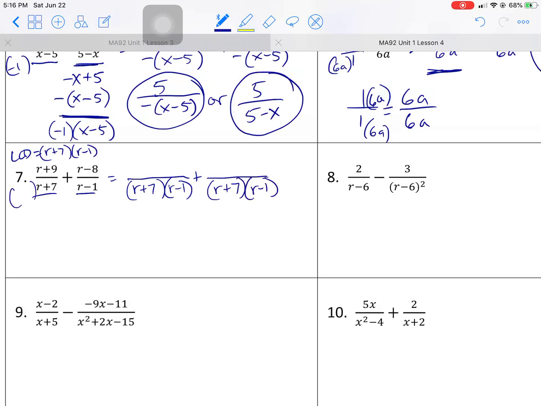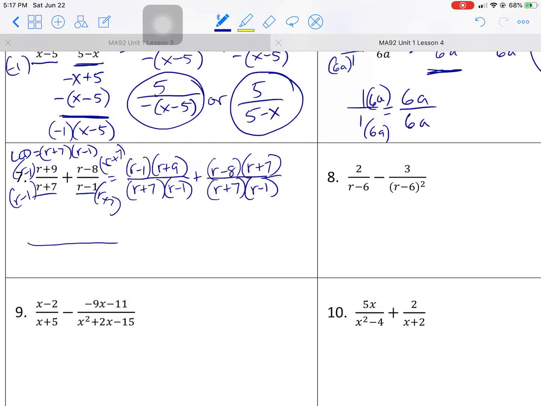All right, so this got multiplied by r minus 1. This got multiplied by r minus 1. So r minus 1 times r plus 9. This one got multiplied by r plus 7. So this gets multiplied by r plus 7. So r minus 8, r plus 7.